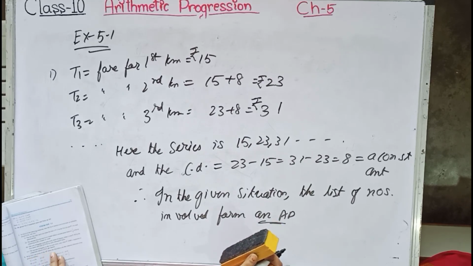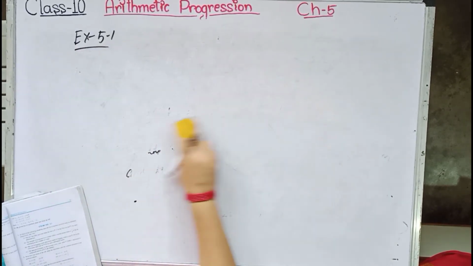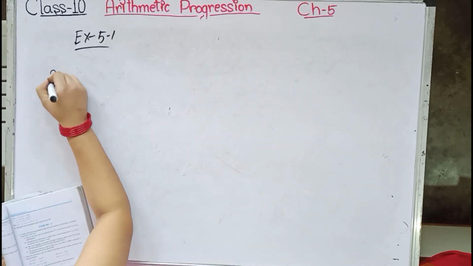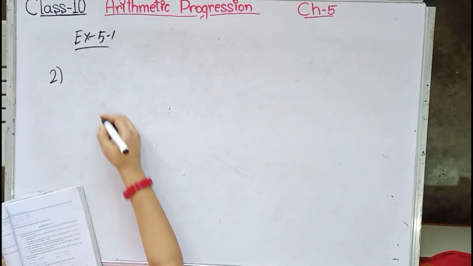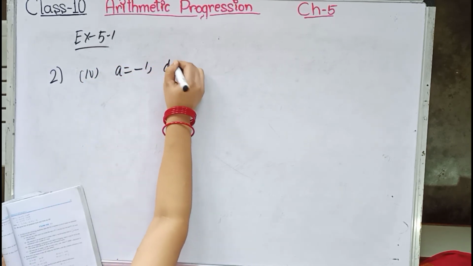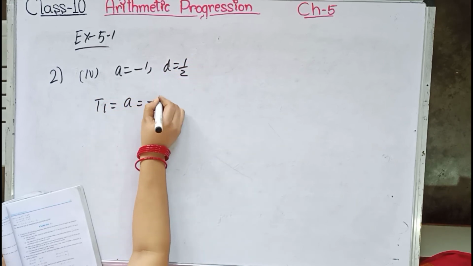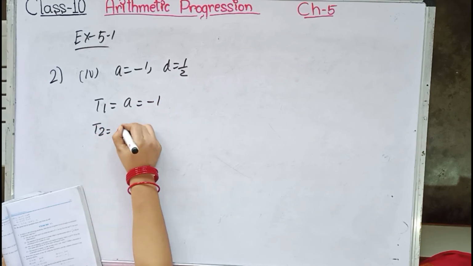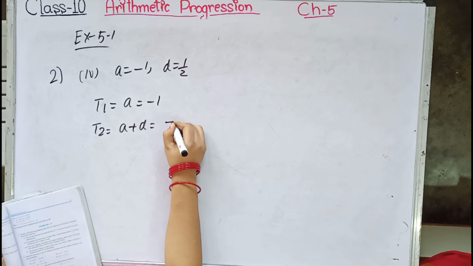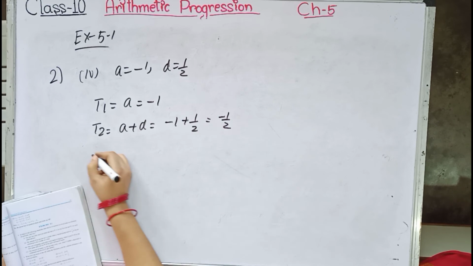Write first 4 terms of the AP where the first term a and the common difference d are given below. So, one question let me do. Question number 2. Any one question let us do. I am doing subpart number 4. a is given as -1 and d is given as 1 by 2. So T1, first term is a only, that is -1. T2 is a plus d, that is -1 plus 1 by 2, that is -1 by 2.